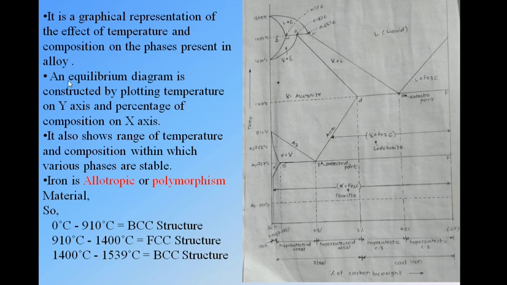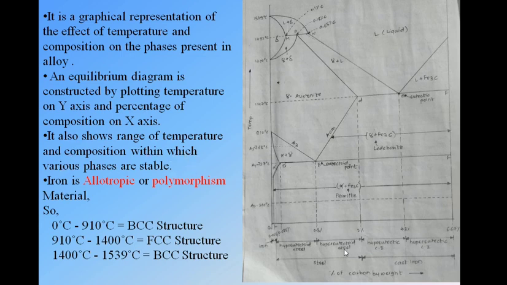Okay, so next, an equilibrium diagram or phase diagram is constructed by plotting temperature on the y-axis. As you know, on the y-axis we have temperatures, and percentage of composition, that is carbon percentage, on the x-axis from 0 to 6.67%. Okay, then it also shows the range of temperatures and composition within which various phases are stable.